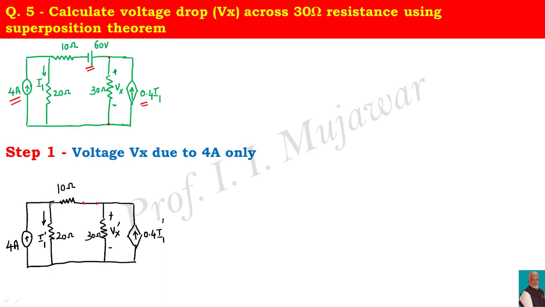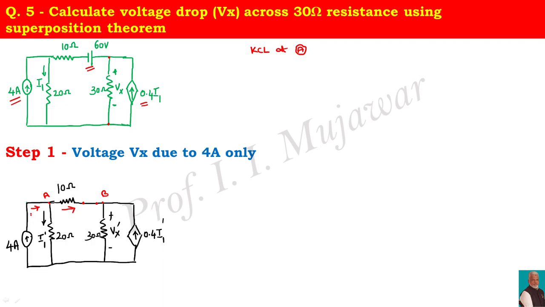So let us use this point as say A, this point is B, and we will apply the KCL at point A and B. So KCL at point A, so this current is incoming current, this current is already given, that is the outgoing current, so let this be outgoing current.